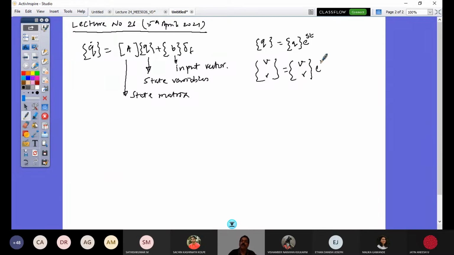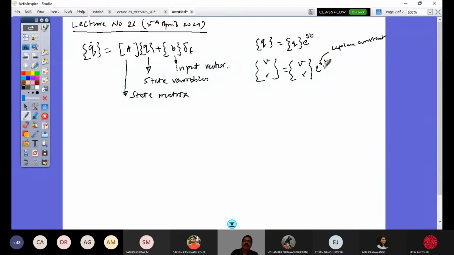My response is going to be in this exponential form. Here S is the Laplace variable, or Laplace constant, and you can have this in a complex plane representation.